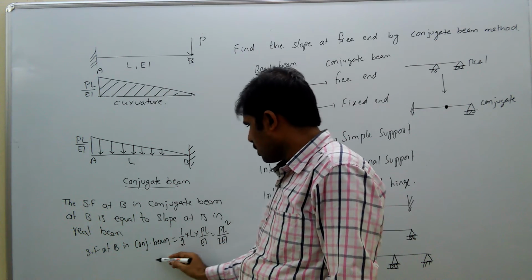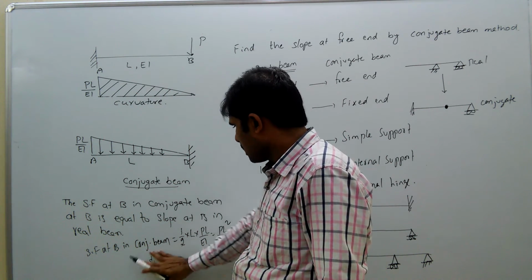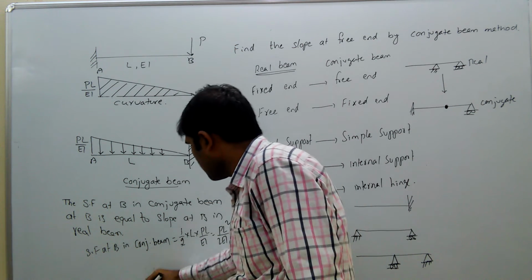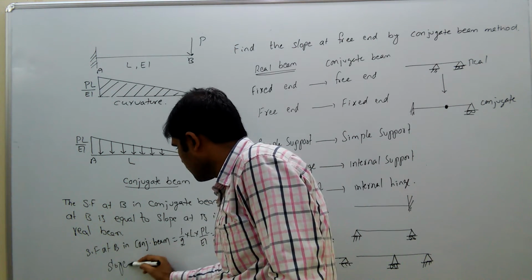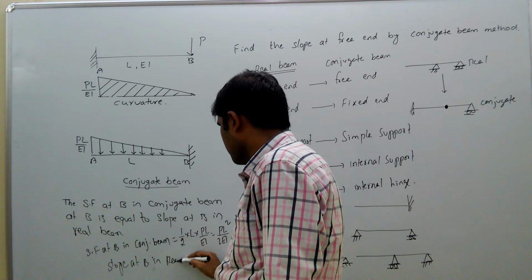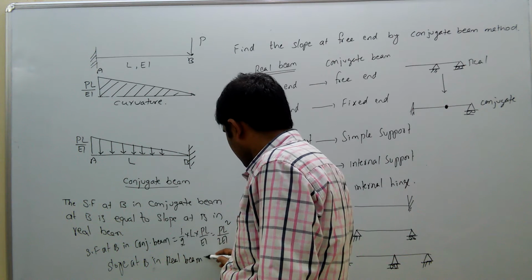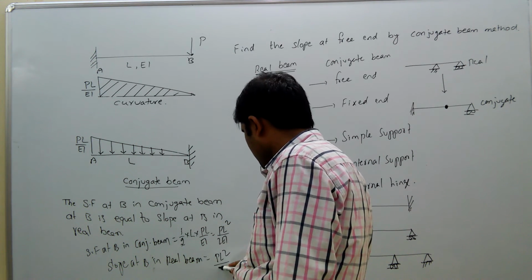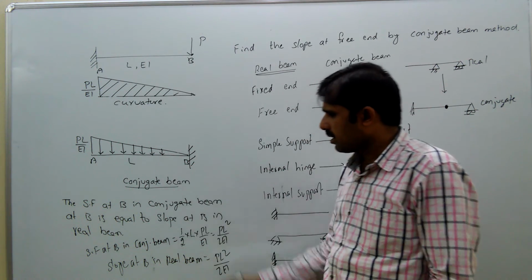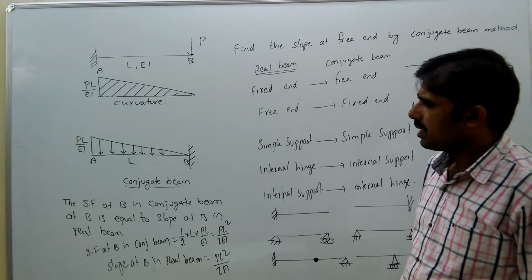So the slope at B in the real beam is equal to PL squared by 2EI. This is how we need to find the slope.